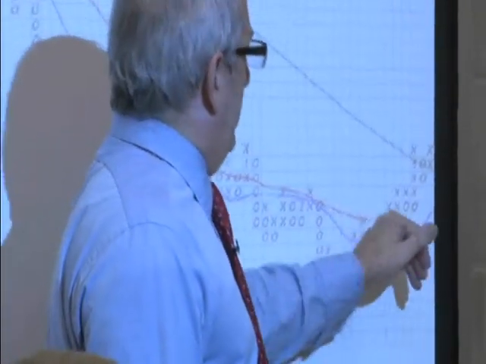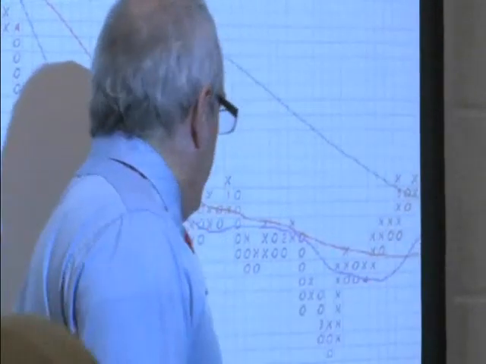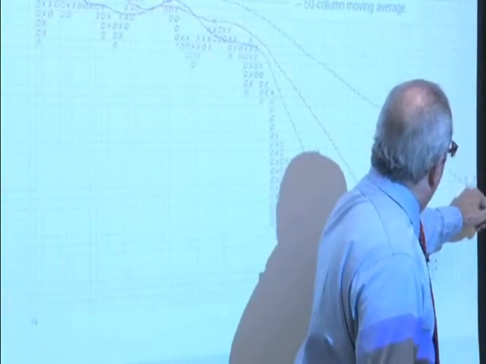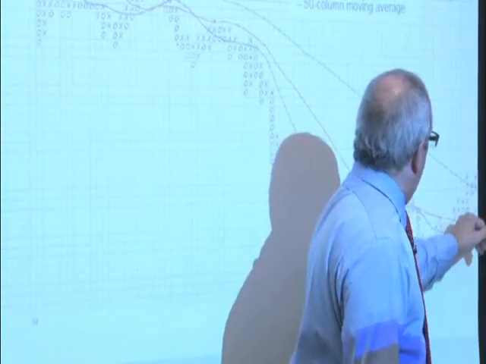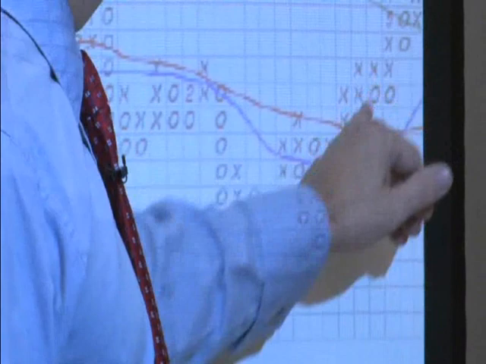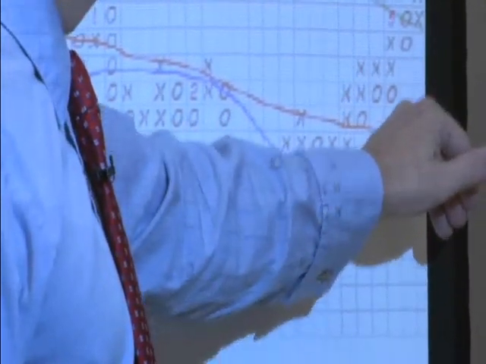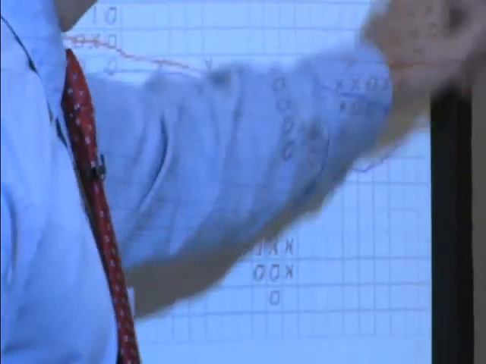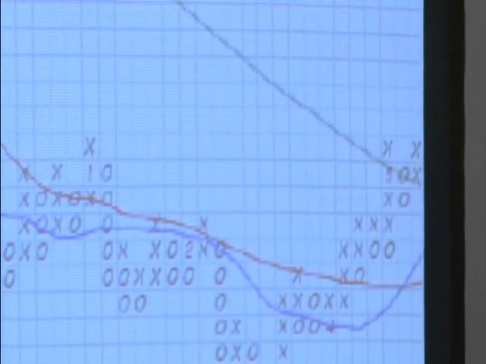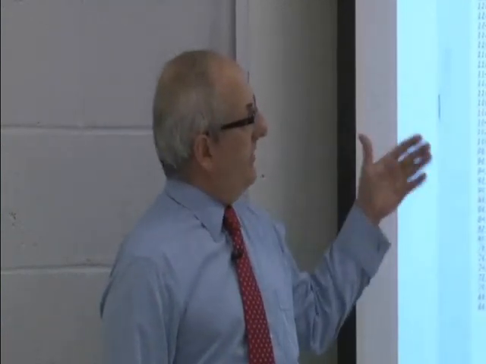But it's not until you get into April that you really start to see a sustained improvement, and finally you get a crossover in May, and now at least you're above the 50-day average. So these are very simple and simplistic rules. It's a starting point, but even with the simple rules, you don't blow yourself up.